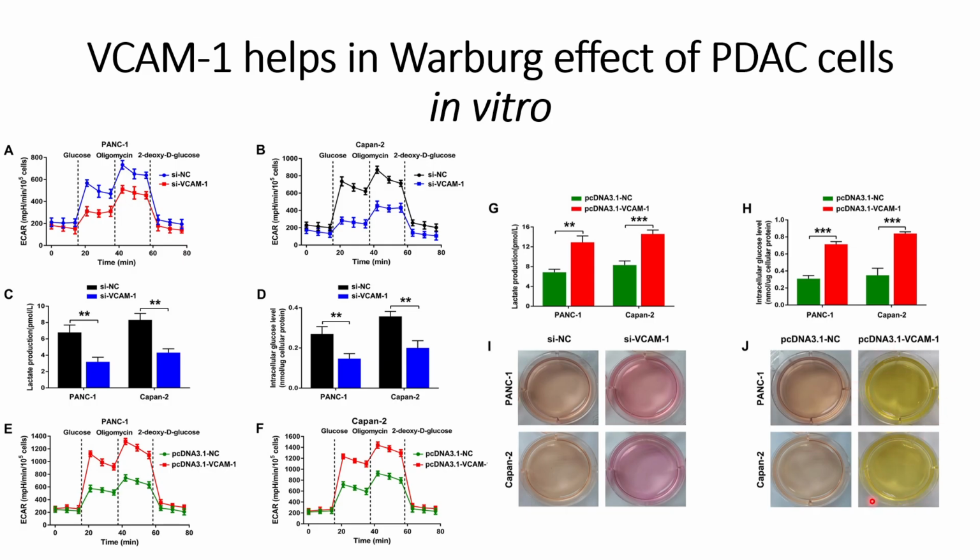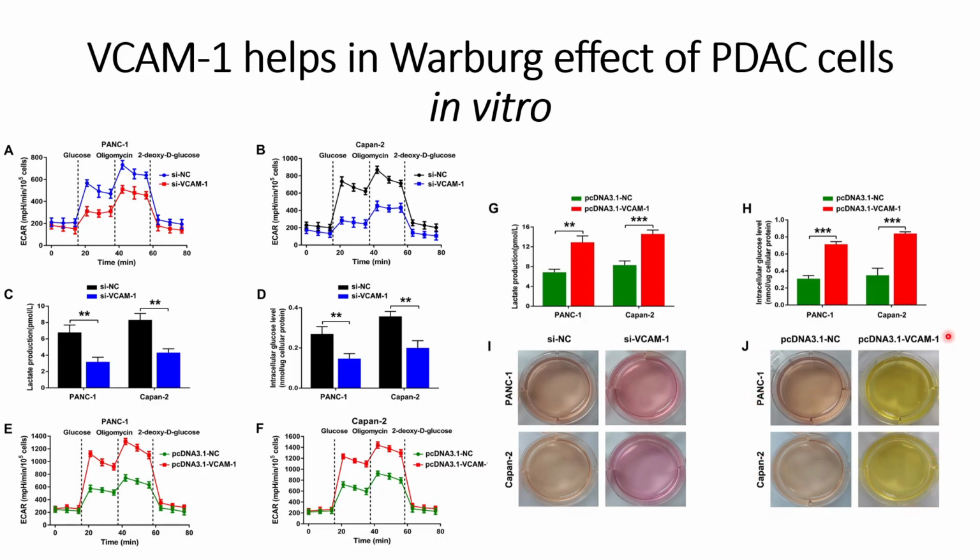There is a color change in the medium, which is usually because of the phenol indicator present in the medium, which turns yellow whenever the medium becomes acidic, whenever the pH of the medium reduces, indicating extracellular acidification, in the medium where VCAM is overexpressed for both PANC1 and KPN2 cells.